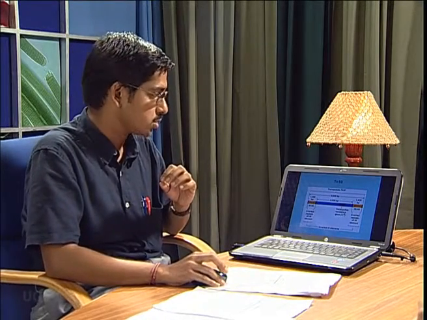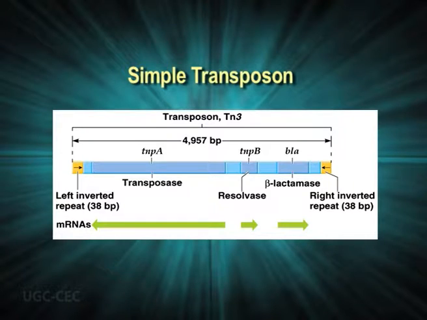The second type are the simple transposons. Now, the simple transposons, the best example is Tn3. They also have the transposase gene at the central region, as well as genes which help in the transposition mechanism. If you ask me how these simple transposons are different from the composite transposons, unlike the composite transposons, they don't have so many marker genes present.